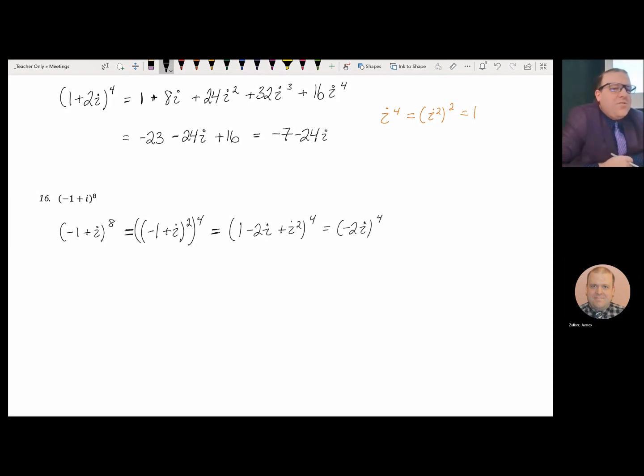Which just becomes negative 2i to the 4th, doesn't it? Which is just 16. i squared. Plus 1 is.